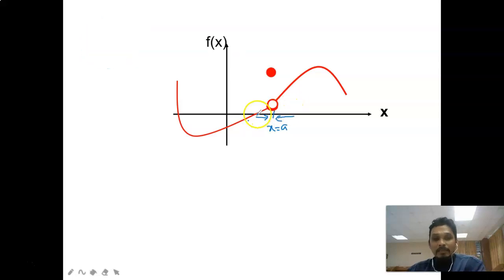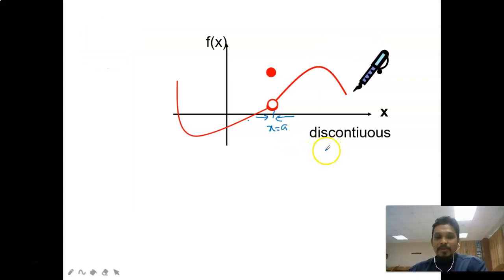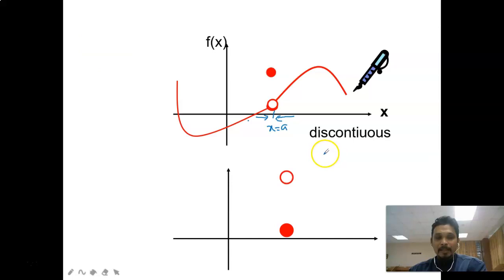Okay, the limits from left and right are equal, but f(a) is not equal to the limit, then this is discontinuous. Okay, an example of discontinuous here.